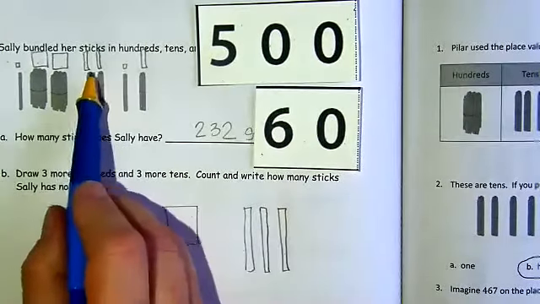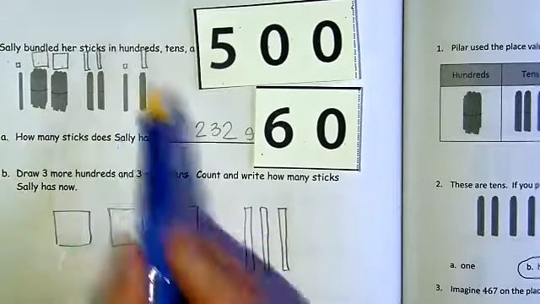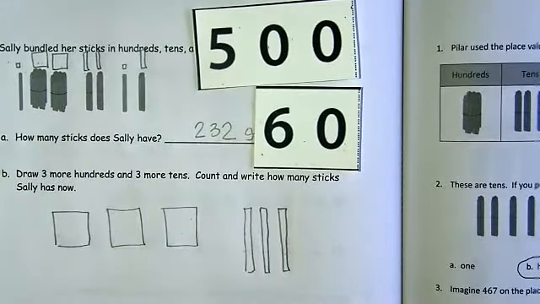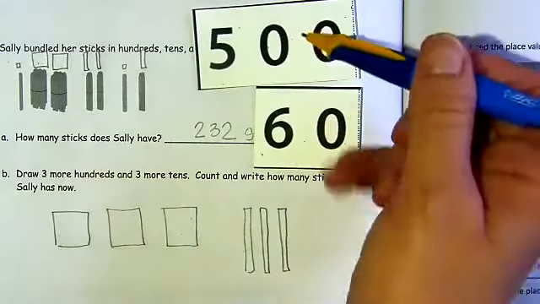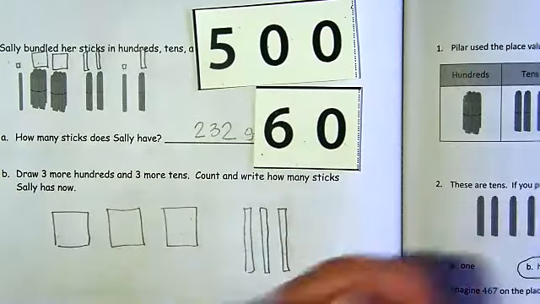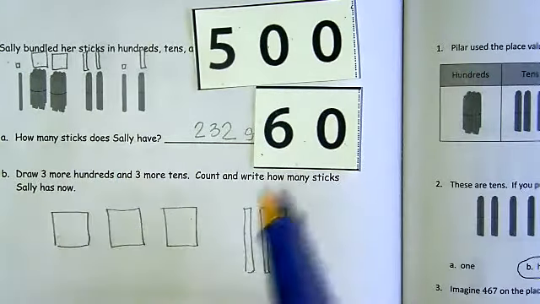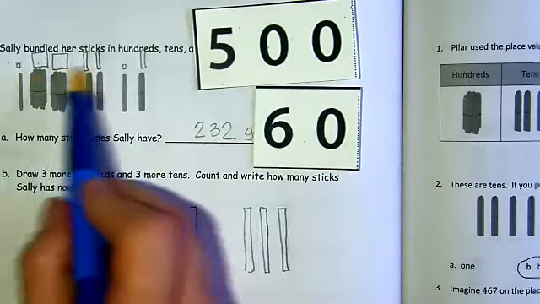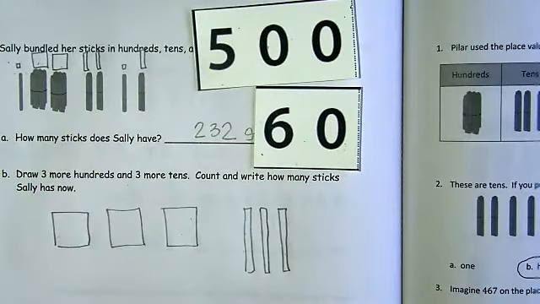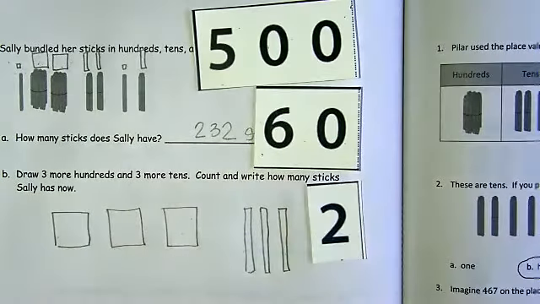Or we could count it up, remember, 10, 20, 30, 40, 50, 60. So we have 560, and then what we have left are the ones. We didn't add any ones, so it would be 2 plus 0, right? So that's still going to be 2 ones.